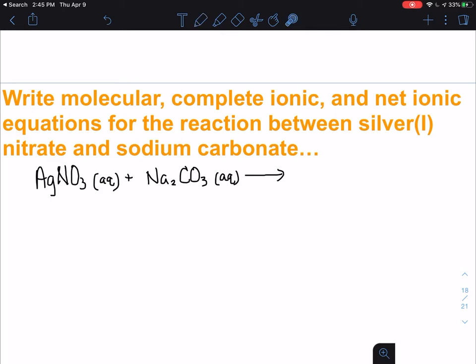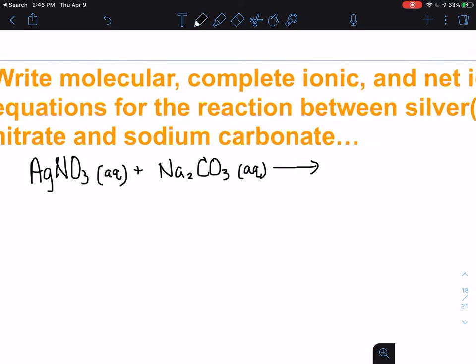I'm starting my molecular, but I'm not finishing it, and I'm going to jump down to make a complete ionic really fast, because when I do the complete ionic, the reactant part of the complete ionic helps me complete the molecular. So here's what I mean.